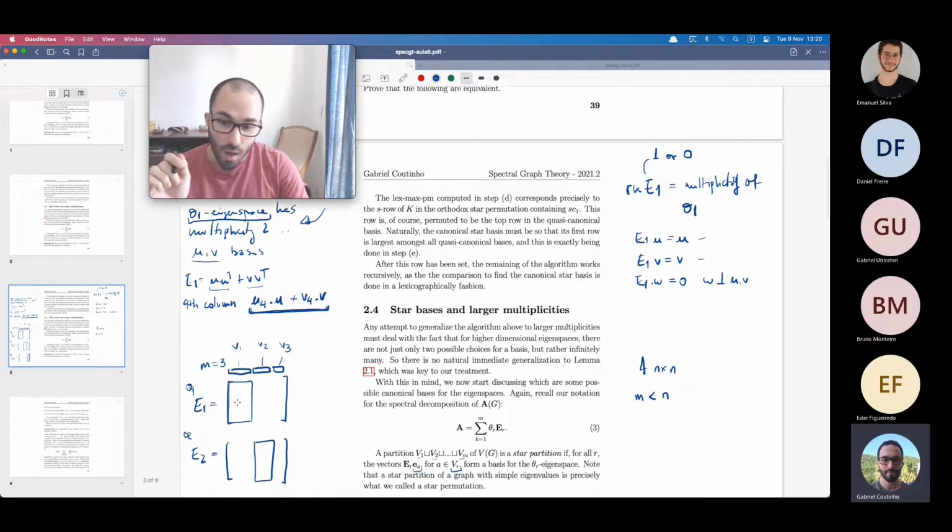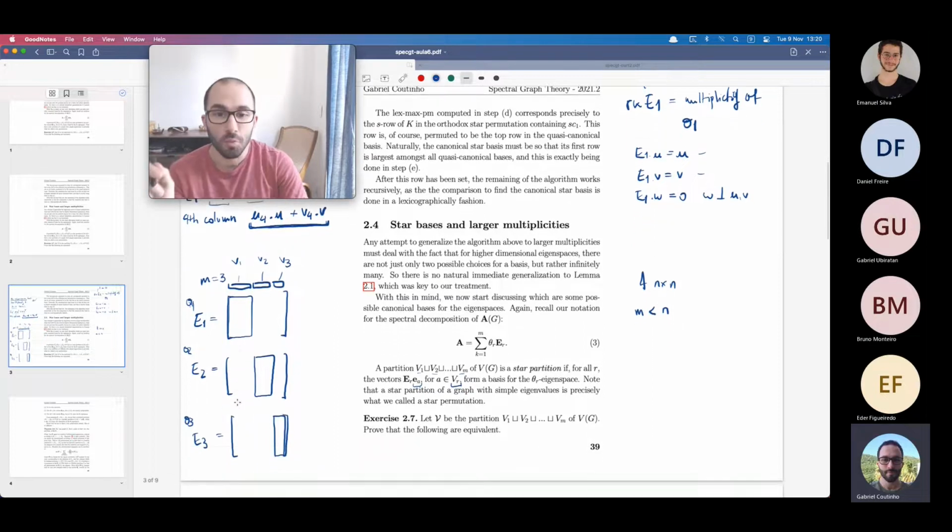Now, what I want is more special. I want to partition the column set of all of these matrices so that simultaneously the first part gives me a basis for the first eigenspace, the second part gives me a basis for the second eigenspace, and the third part gives me a basis for the third eigenspace.